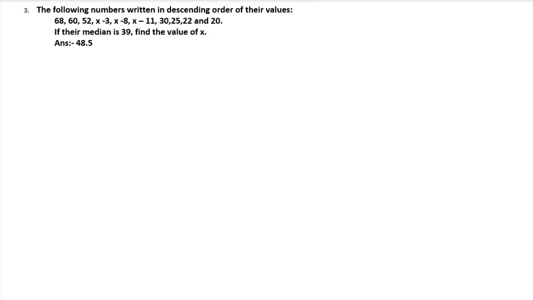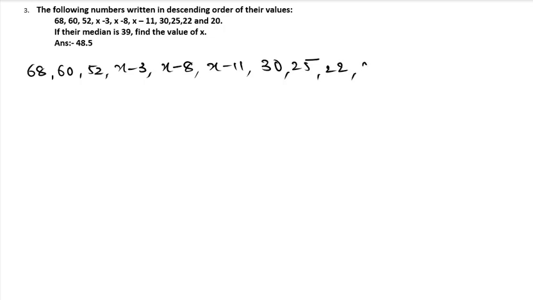The following numbers are written in descending order of their values. So see, they have already said that the numbers are in descending order, right? Let me write them again. 68, 60, 52, then x minus 3, x minus 8, x minus 11, and then 30, and then 25, and then 22, and then 20.